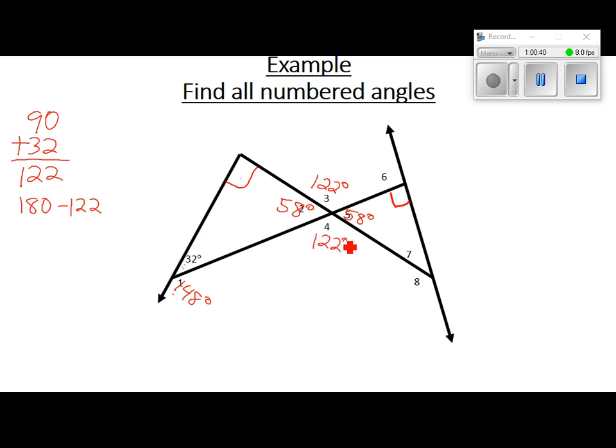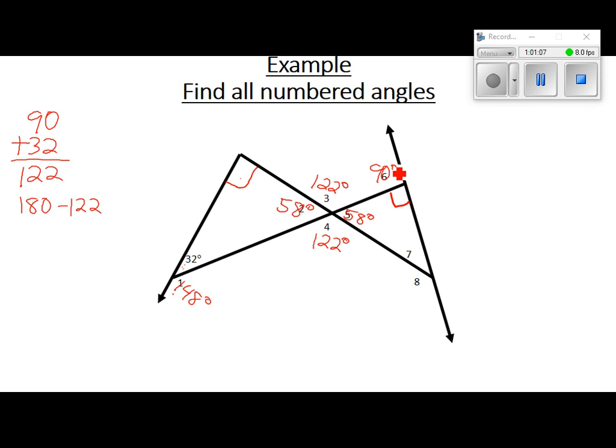6 is easy, what's angle 6? 90. And then that means 90 plus 58 equals angle 1. How about the 7 now? 32.